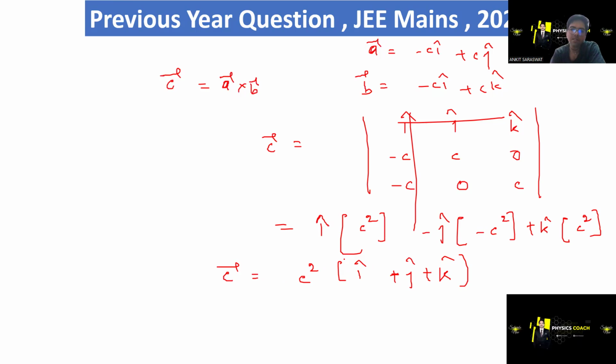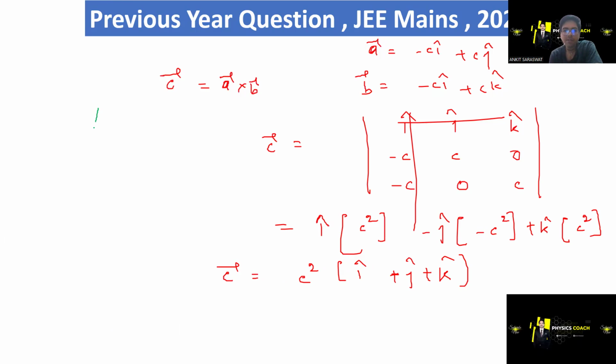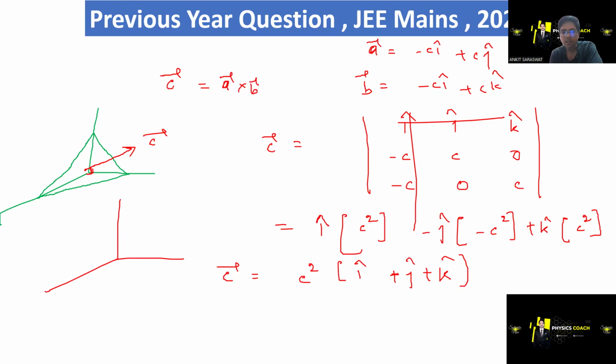So this is the vector which is perpendicular to our wavefront. This is the wavefront. Clear? This C vector is perpendicular to this wavefront. Now we need to find how much angle is being made by this vector with x, y and z.